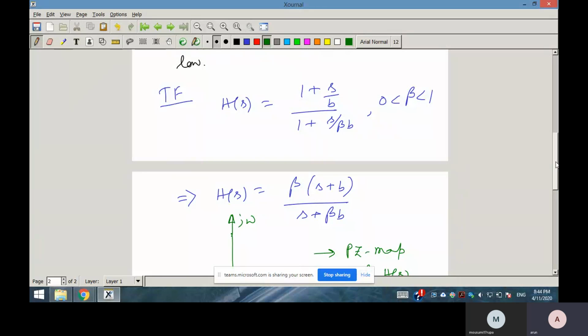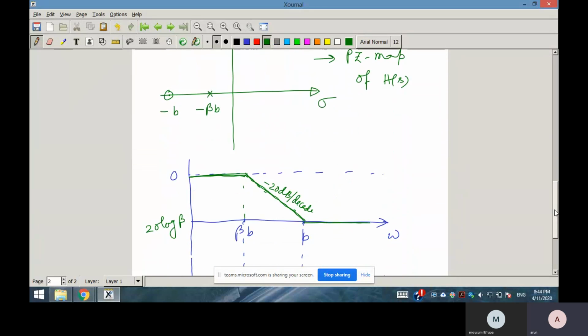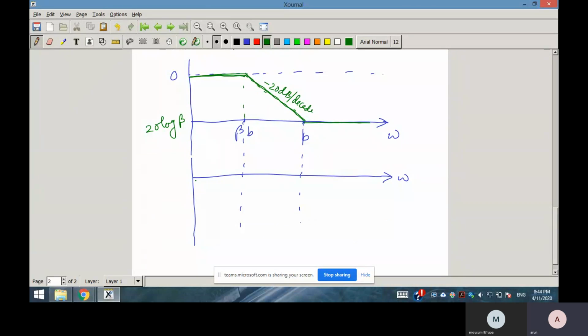In between, because beta is less than 1, phase will be negative. So it will look like this. You can draw also the asymptotic phase plot, that I am not drawing.